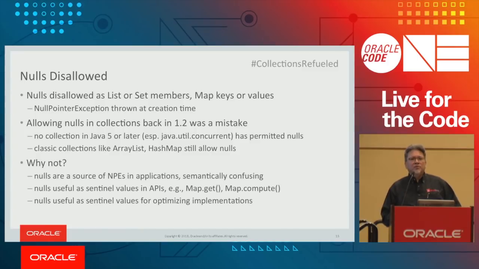Oh, but actually it also returns null if the key is there and the value is null. So that's a problem, because null is being used either as a sentinel or as an actual value, and you can't tell the difference. So if we adopt a null-free programming style for using collections, then these problems go away.